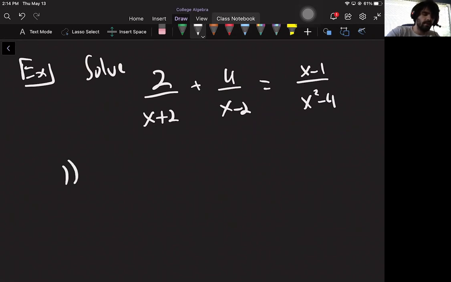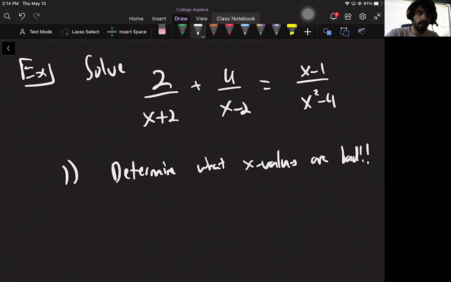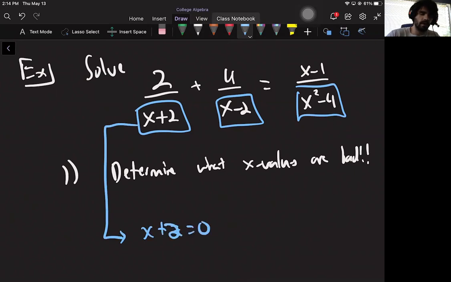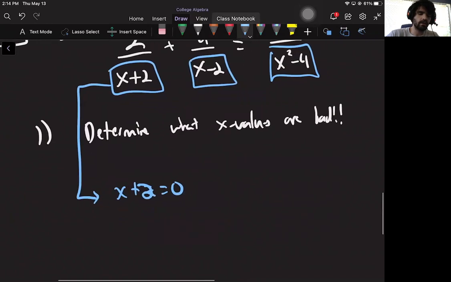So the first step is, again, determine what x values are bad, meaning dividing by 0. Well, this just requires you to look at the denominators of all the rational expressions and just make them equal 0 so that you can discover which x value causes it.